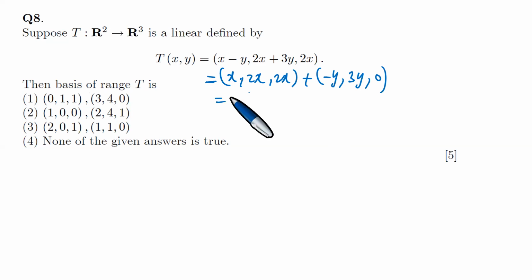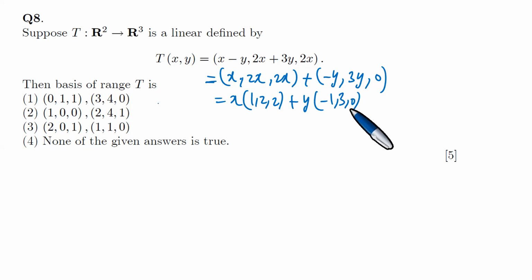Right. We have x, which is 1, 2, 2, and y, which is minus 1, 3, 0. Obviously, you understand that these things are from R2 to R3, which means x and y themselves are real.